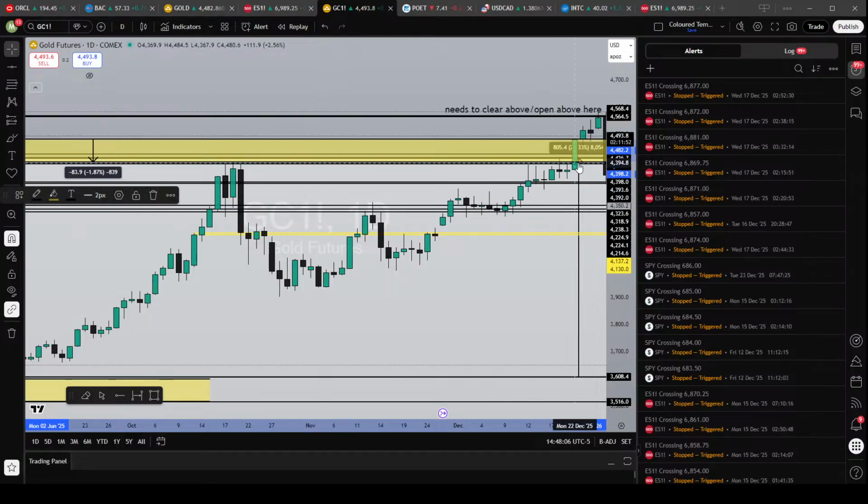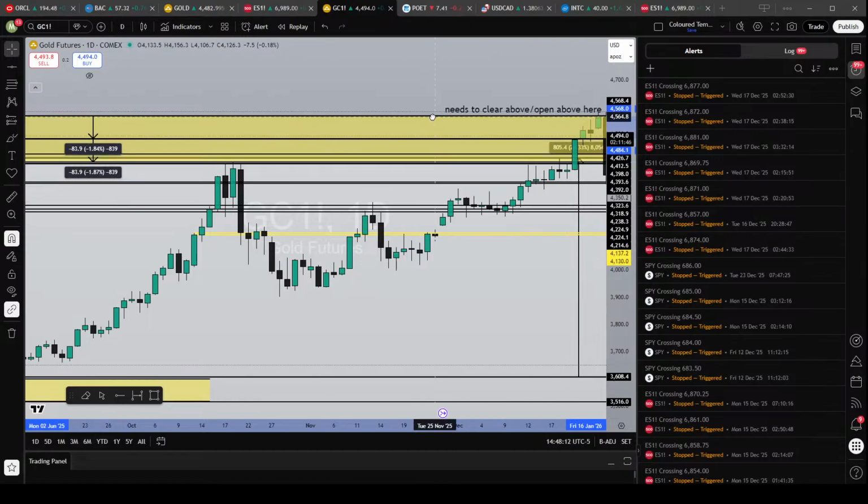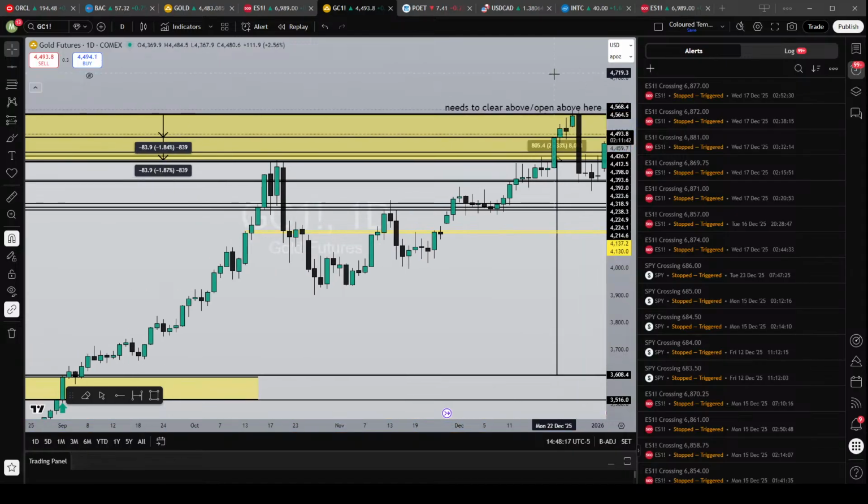You see that? That was a perfect close, but it never closed above or continued. We needed to close above, but it did break above. So this is a perfect example of a break above but failure to close above kind of trade.